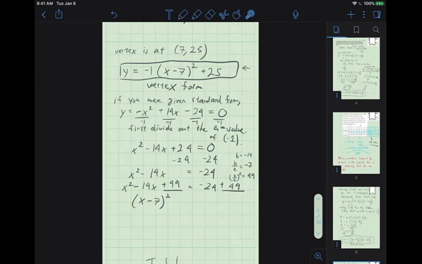Simplify this end. I'm looking over to see if I made any mistakes. Looks good.